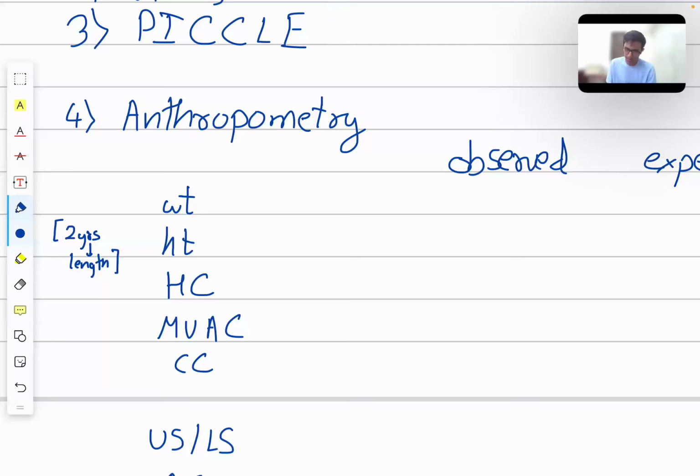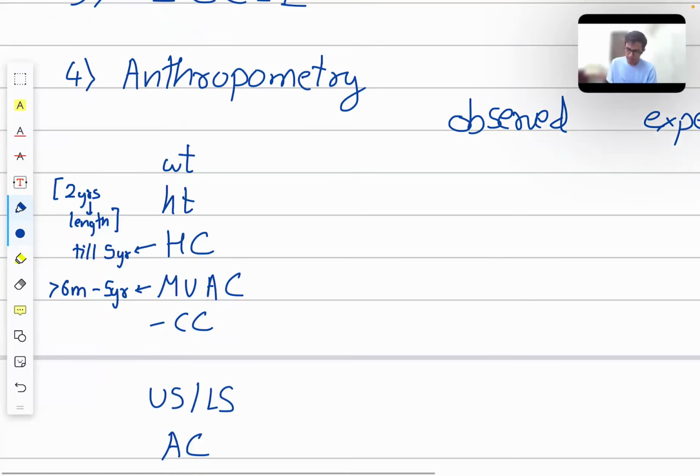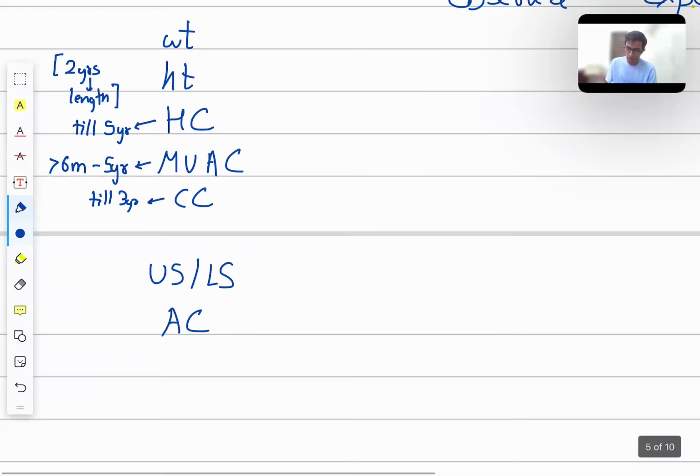Head circumference has to be measured only till 5 years of age. Mid upper arm circumference only in a child more than 6 months and up till 5 years of age. Chest circumference only till 3 years of age. Upper segment to lower segment ratio you have to do only in cases of long or short stature.